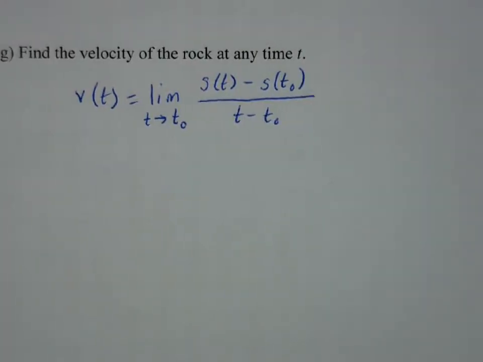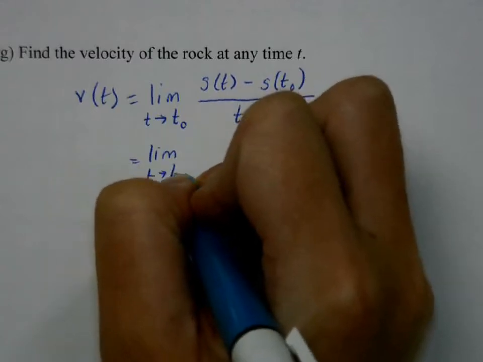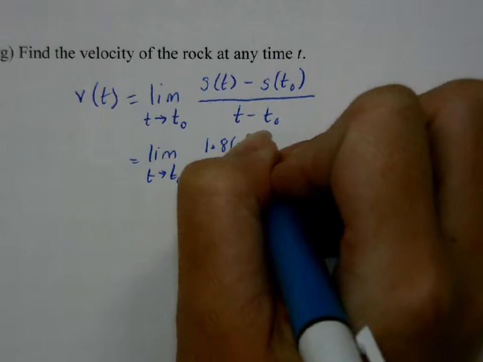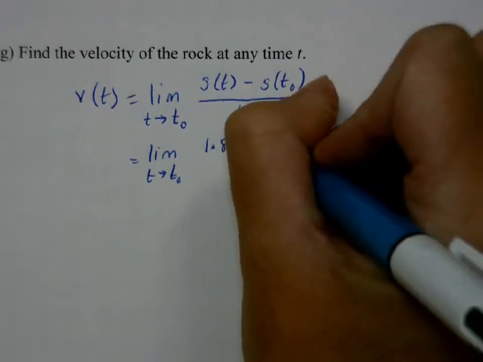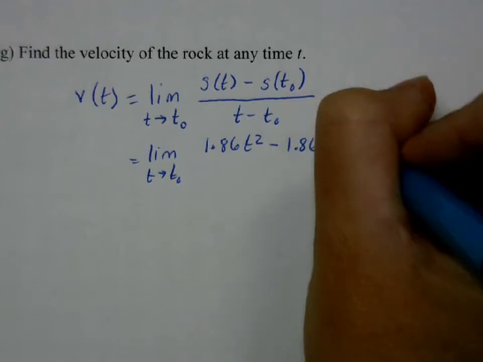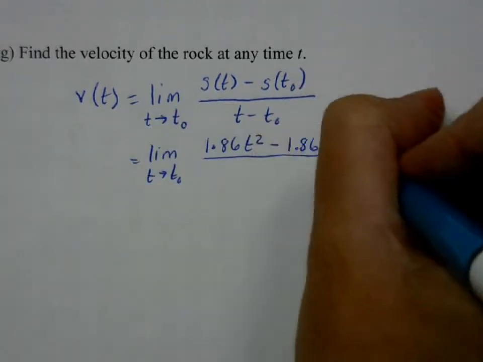So 1.86 t squared minus 1.86 t naught squared. Okay, so I'm going to pull out the 1.86, which again is going to leave me with the difference of squares.